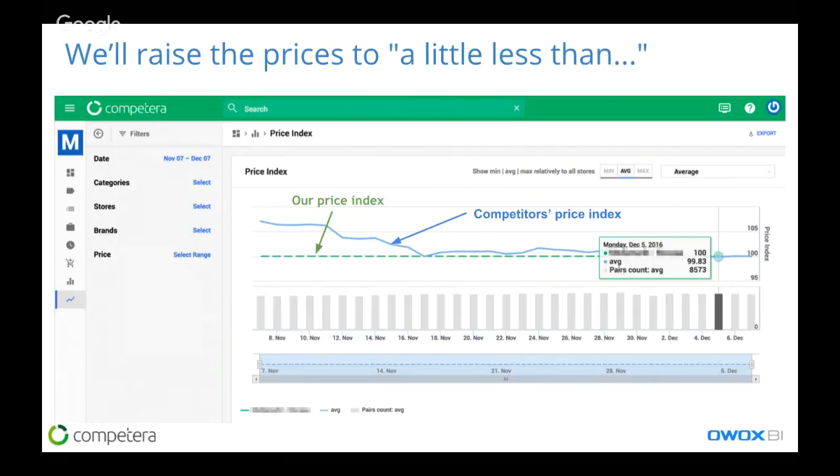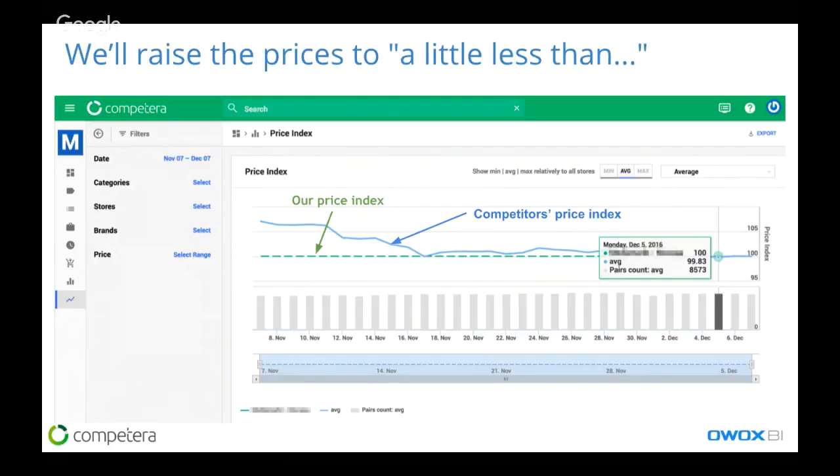Here we can track how well we're sticking to our pricing strategy at any moment of time and how our prices correlate with competitors. In this particular price index snapshot, we see that our prices are constantly 100%, and we have a competitor's price index, which is changing depending on the major changes we make in our online pricing right now.